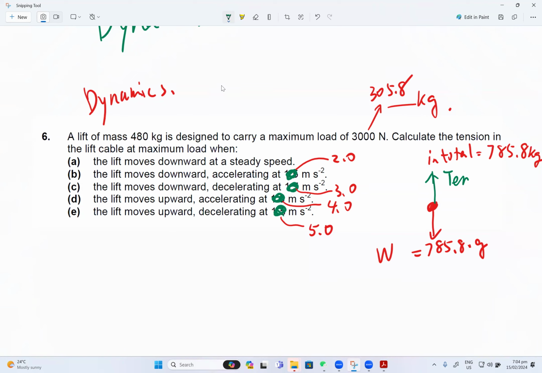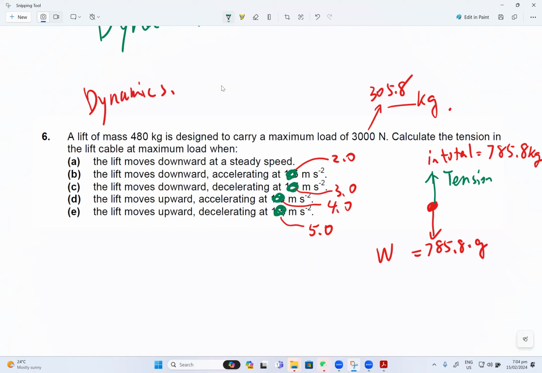This is called the tension. Tension, like the force in the string or in the cable. So we have 2 forces on the load, the lift with load. We consider the lift and the load together.